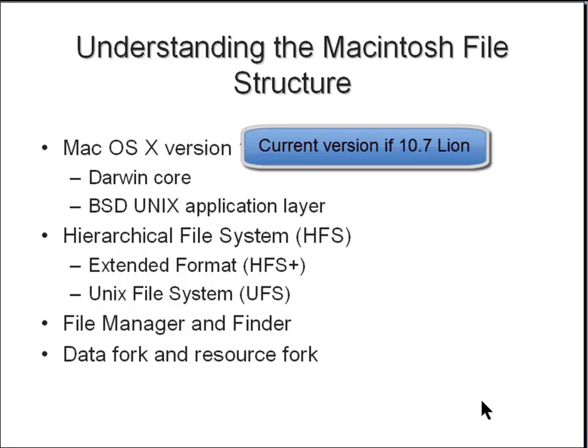And we'll see that actually a file on the Macintosh has more than one part to it. It has something called the data fork, which essentially holds the content, and it has a resource fork, which actually holds the resources that describe some of the file's attributes.